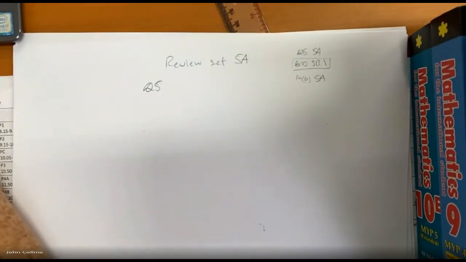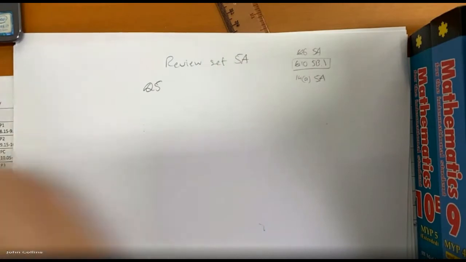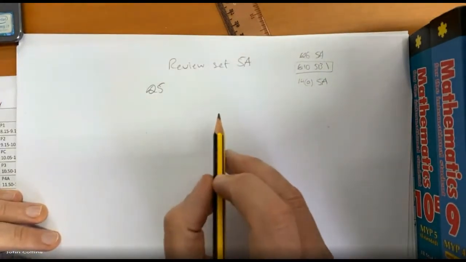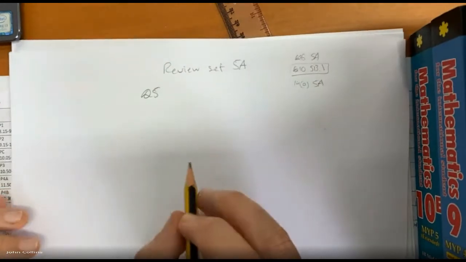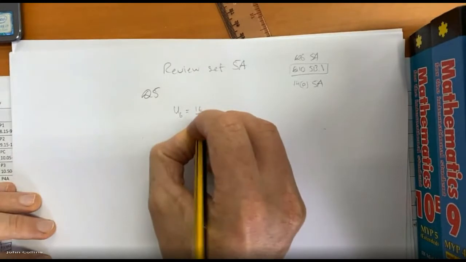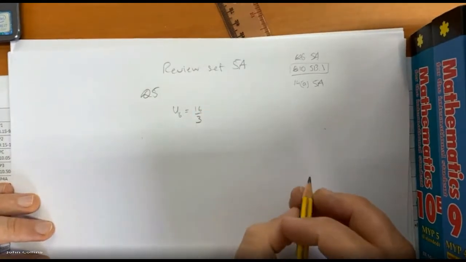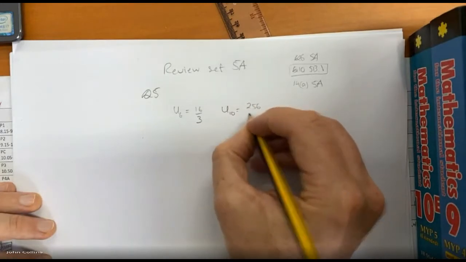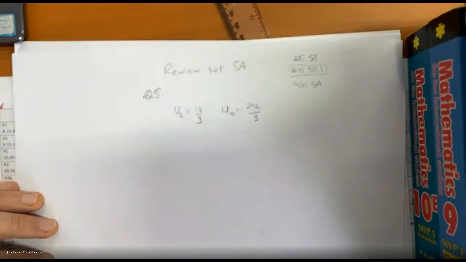Let's start. So the first question: determine the general term of the geometric sequence. Given its sixth term is 16 over 3, so we know U6 is 16 over 3, and the 10th term, so U10 is 256 over 3. Determine the general term.